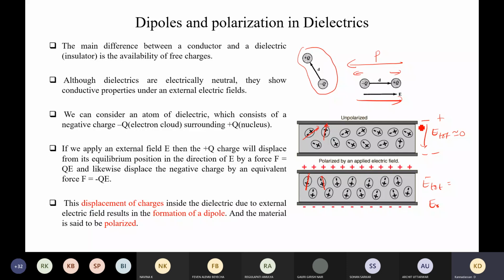I am giving an electric field of E naught because of two parallel plates, and the parallel plates have a separation of D. So this E naught is nothing but V by D. This is the external electric field, and there is an internal electric field due to the so-called dipole moment. So you will have E naught plus EP. Two electric fields will come, and this EP can further be defined in terms of E naught.